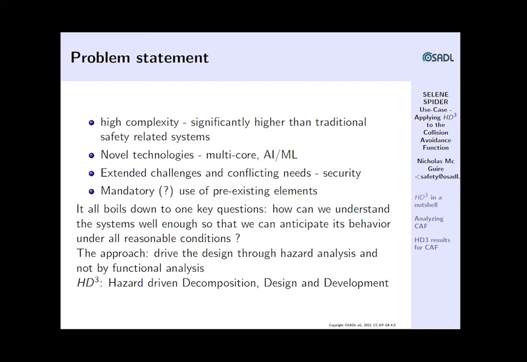So the question that we actually have when we're talking about functional safety is, how can we get enough understanding of the system so that we know how it's going to behave under the expected conditions?